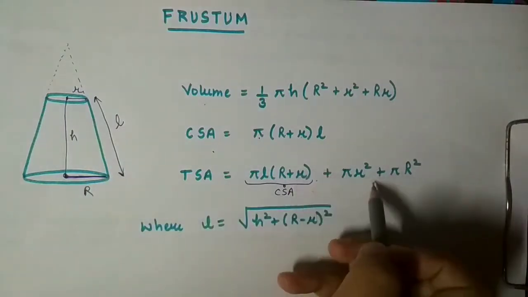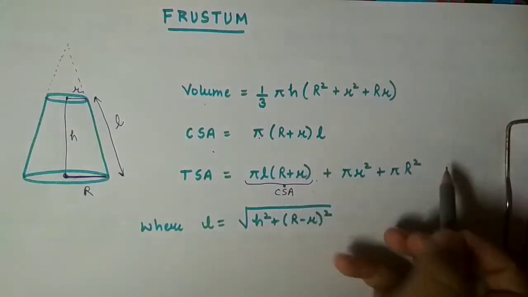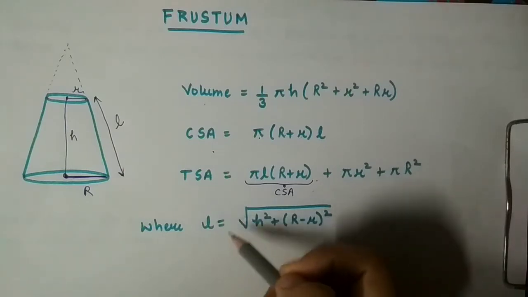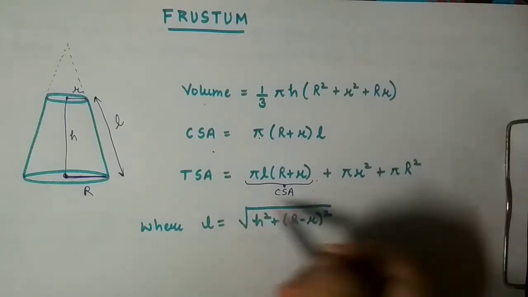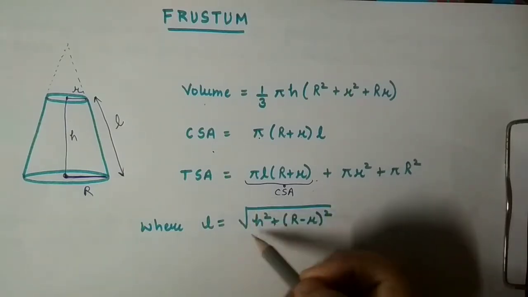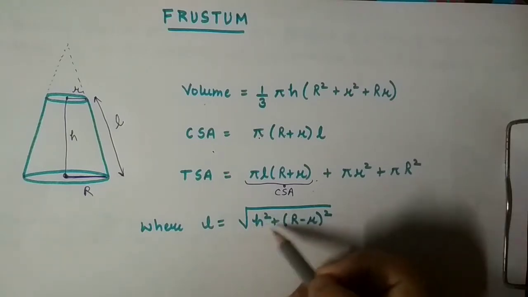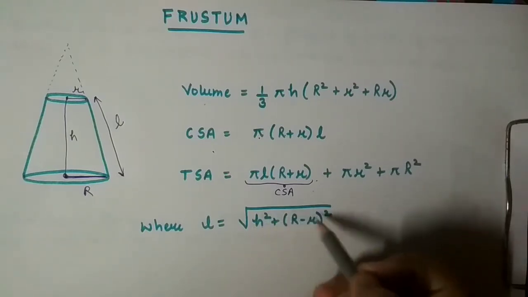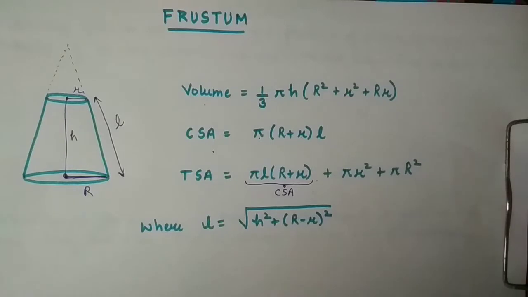So pi r square plus pi R square. And what is l? l is found by this formula, under root of h square plus (R minus r) whole square. So you need to learn these formulae in order to solve the exercise.